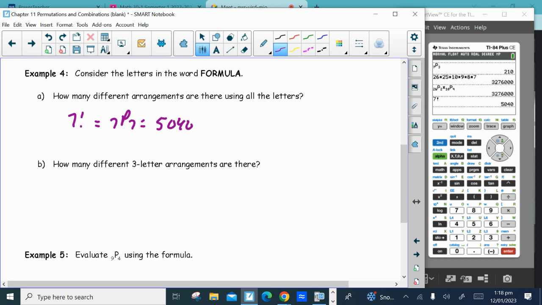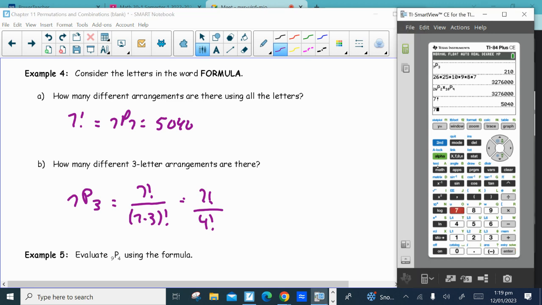Part B says, what about only using 3 of the letters? So now we will use permutation 7p3, which we can do in our calculator. If you use the formula, it would be 7 factorial over 7 minus 3 factorial, or 7 factorial over 4 factorial. But we don't even need to do that.